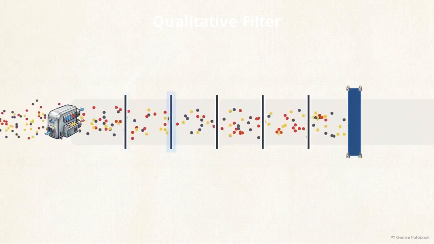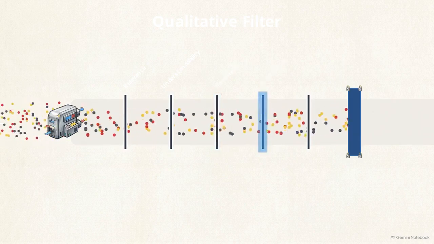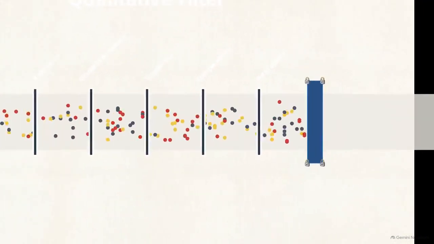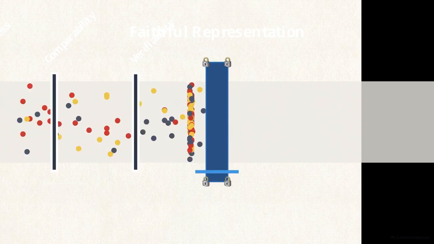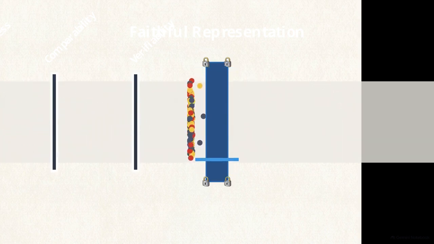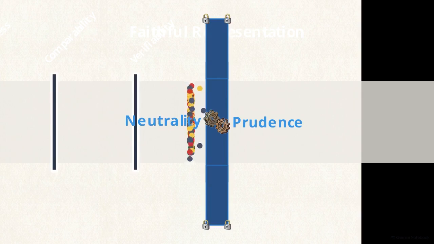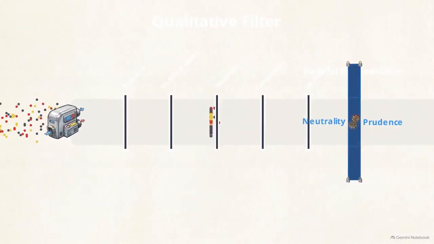The baseline traits ensure that the data is relevant, understandable, timely, comparable across different jurisdictions, and rigorously verifiable by independent auditors. But the most critical gate is faithful representation. Faithful representation dictates that the data must depict the true economic substance of an event, rather than just its technical legal form. This gate is driven by 2 subcomponents: neutrality, the absence of bias, and prudence.